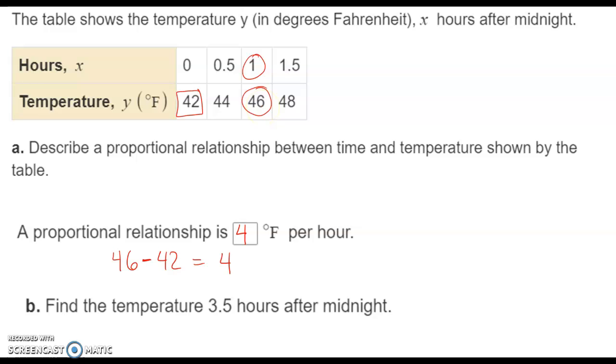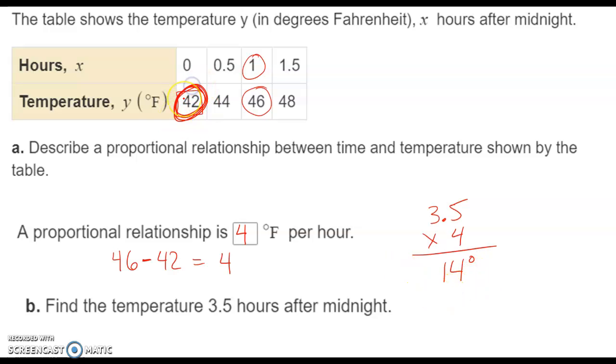Now they want the temperature after 3.5 hours. So let's figure out how many degrees it's going to go up after 3.5 hours. So if I go 3.5 times 4 degrees each hour, that tells me it's going to go up 14 degrees. So you got to look at, where did it start?